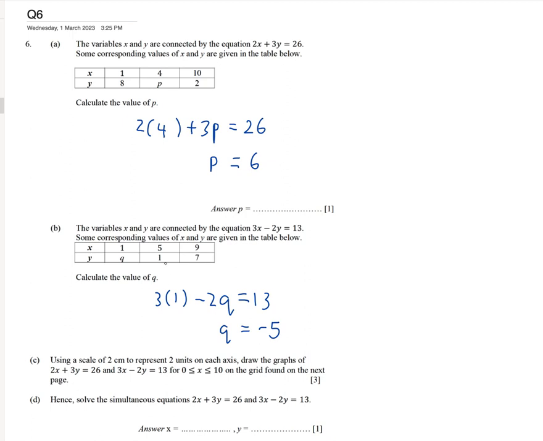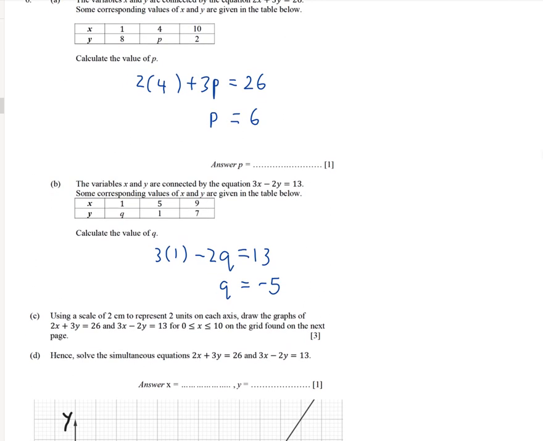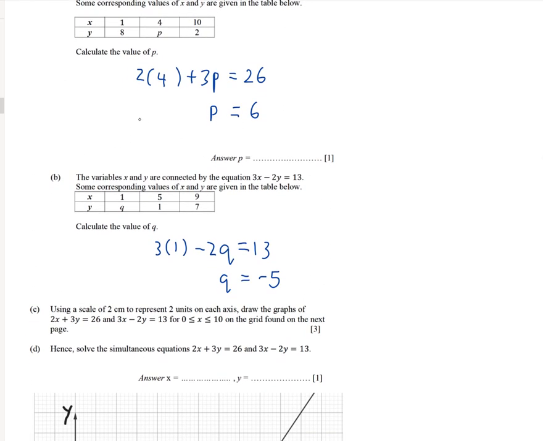Now we can plot the graph. Before we plot a graph, we need to find out the lowest and highest value of x and y. The lowest value of x is 1, and the highest value is 10. There are no negative values. As for the y value, the highest is 8 and the smallest is 1.